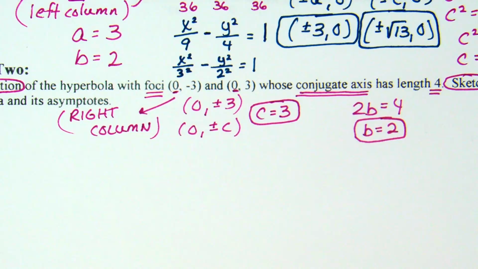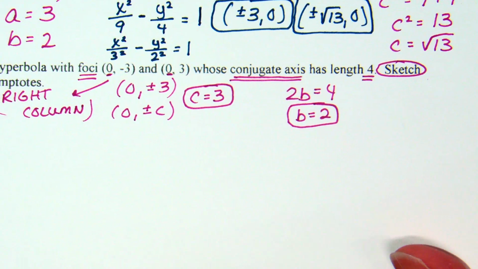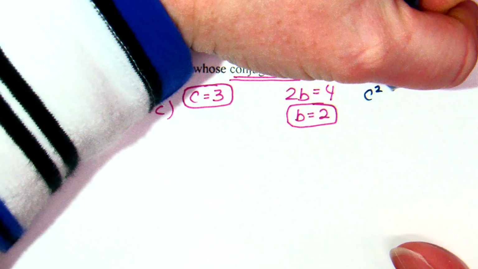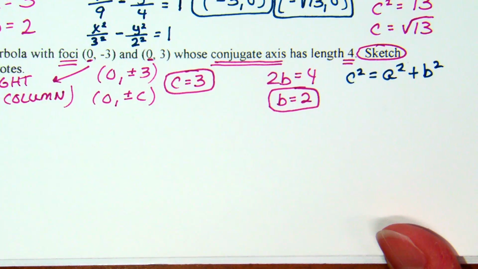Okay, so at this point, we know it's right column, we know B, we know C. Because the foci were 0, comma something, I know this is centered at 0, 0, and that's all we've learned so far. The missing piece that we don't know yet: we have B, we have C. In order to do our ABCs, we have to know A. So just like an ellipse, you guys are using your Pythagorean relationship, except that my Pythagorean relationship is C squared equals A squared plus B squared.